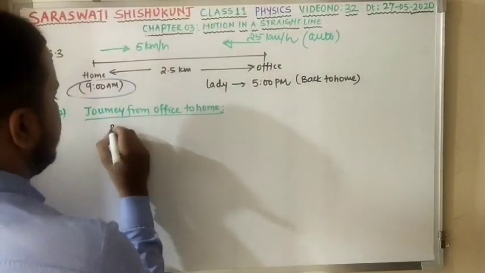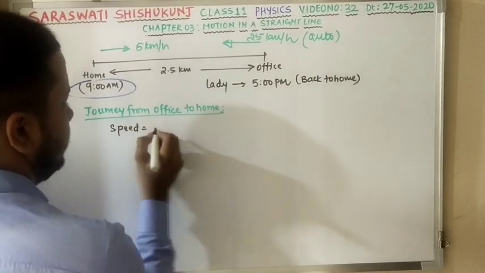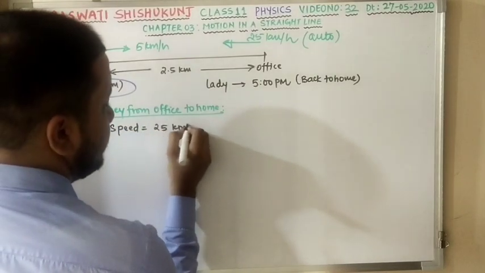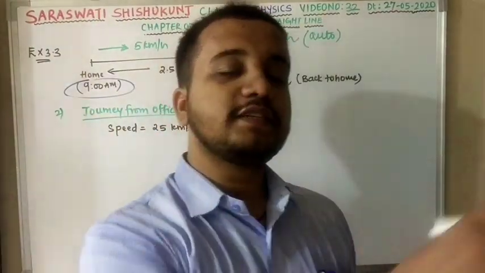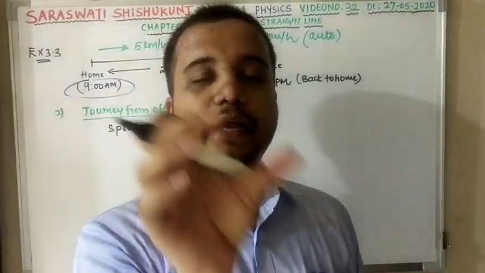Now remember, again we have speed with us. Speed is given, that is 25 kilometers per hour. What is the distance? From home to office is 2.5 kilometers, so from office to home is again 2.5 kilometers.